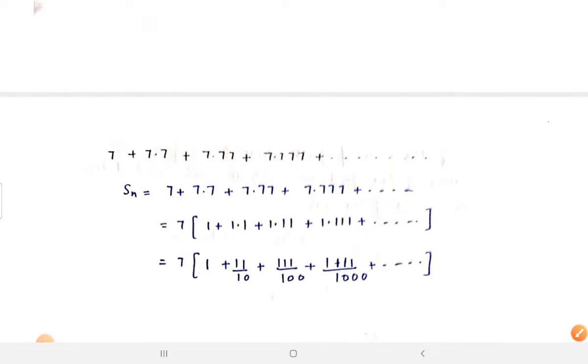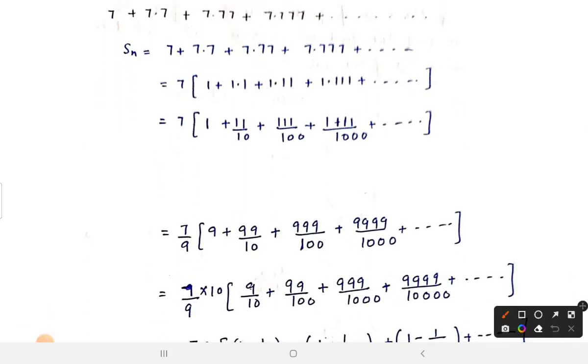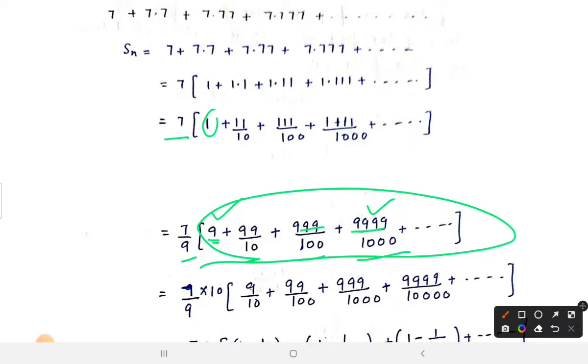So let us now multiply and divide by the same number, which is 9. So it is 9, 99 by 10, 999 by 100, and 9999 upon 1000. We want to make this a geometric progression. So let us multiply and divide by 10 to make it a geometric progression.